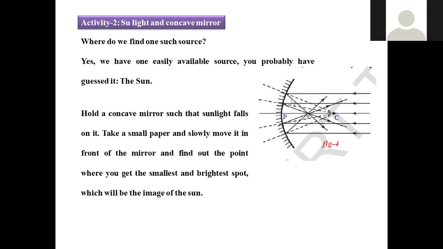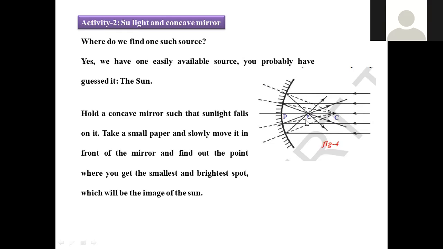Okay, so what is the activity we are doing? We are taking a concave mirror and light rays. The concave mirror was arranged in such a way that light rays fall on its surface directly, and a paper was kept in front of it so that it gives the image of the sun. The image of the sun was collected on that paper.